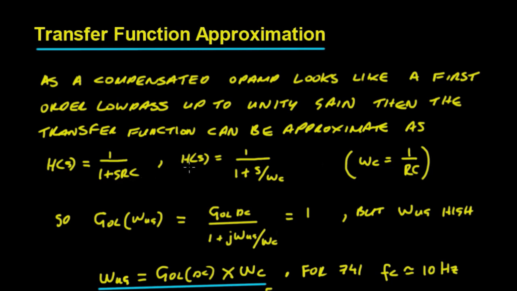So then we can say H(s) is going to equal 1 upon 1 plus s, and we can replace our RC with omega c, because we know that omega c equals 1 upon RC. That just comes from the equation we've seen above, where fc equals 1 upon 2 pi RC. So the 2 pi is incorporated into this omega c.